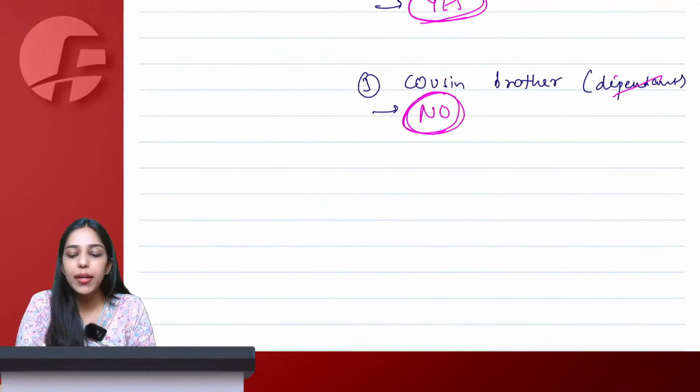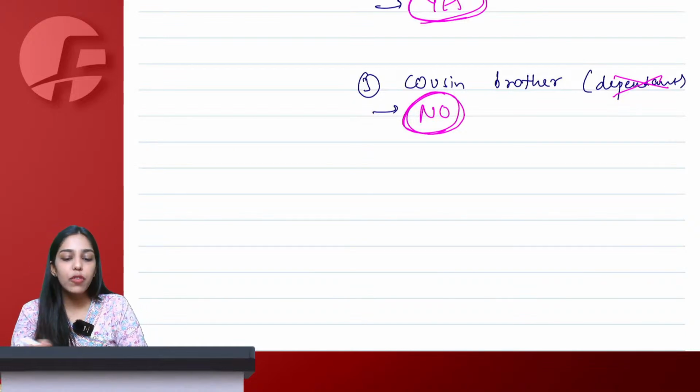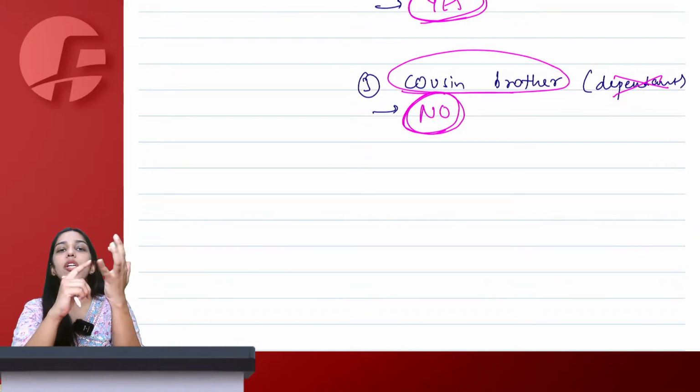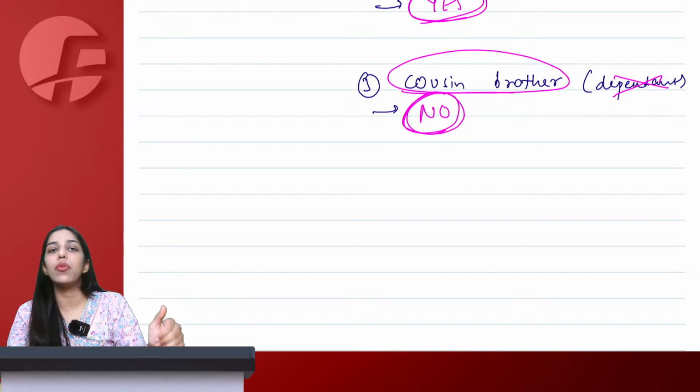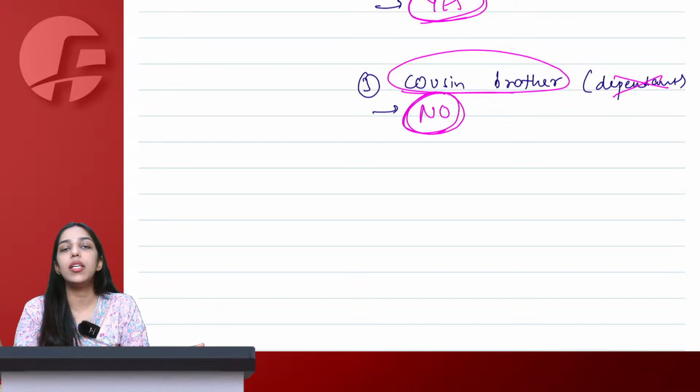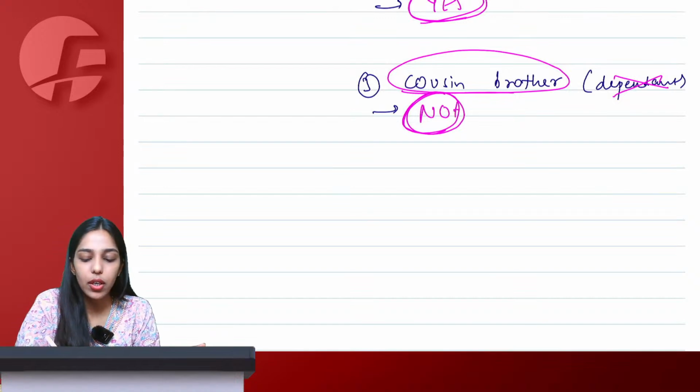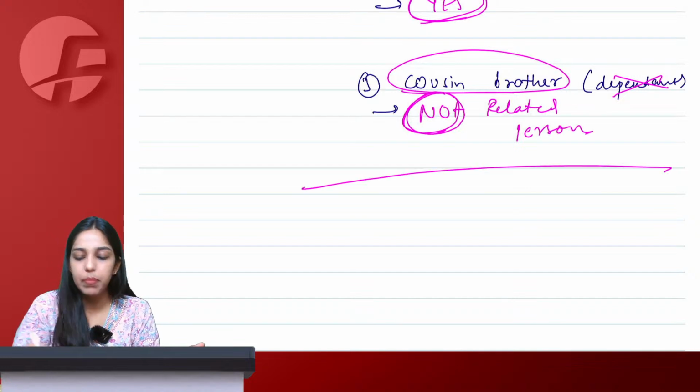Here dependent or independent is a secondary question. First of all, is my cousin brother spouse, children, parents, grandparents, brother or sister? No, not falling under the basic criteria. Then why even check whether dependent or independent? So here I will say that no, my cousin brother is not my related person.